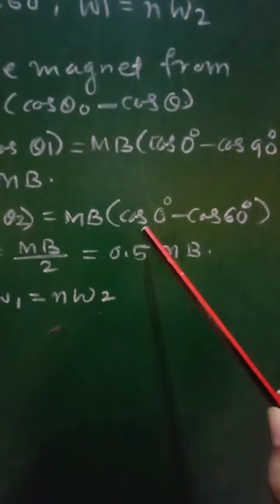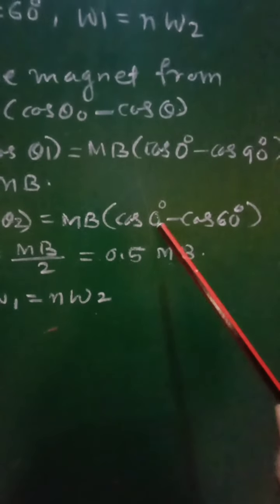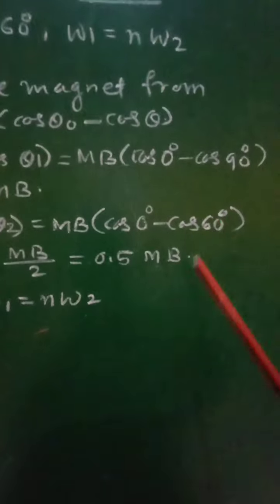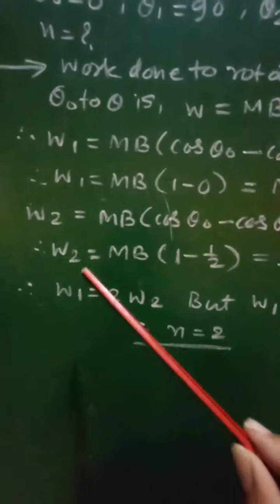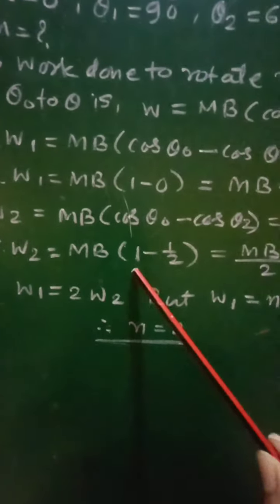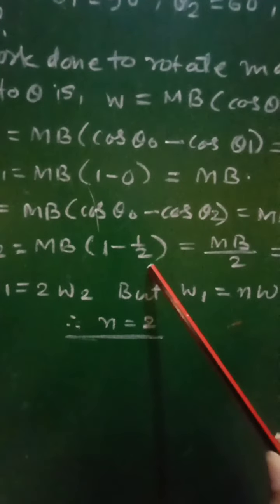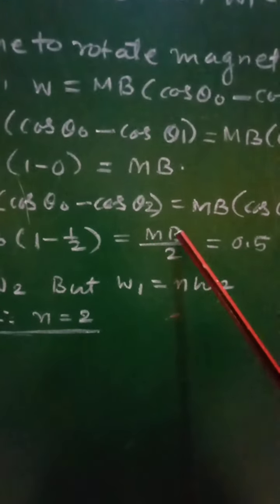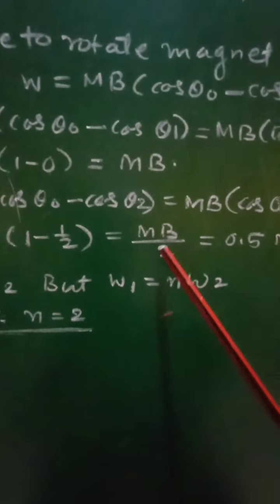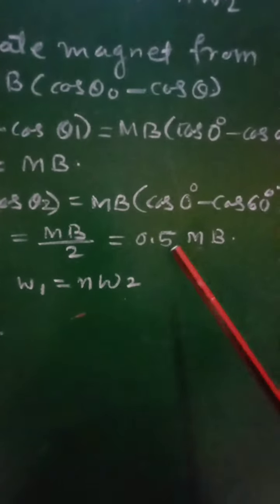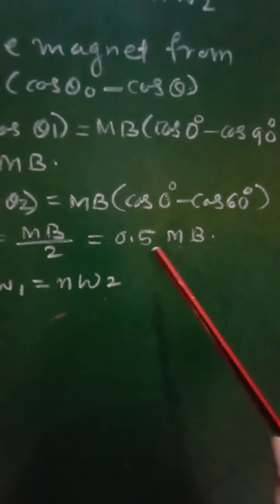But again cos 0 is 1 and cos 60 will be equal to half. Therefore, W2 will be equal to mb into 1 minus half, which comes out to be mb by 2, which is equal to 0.5 mb.